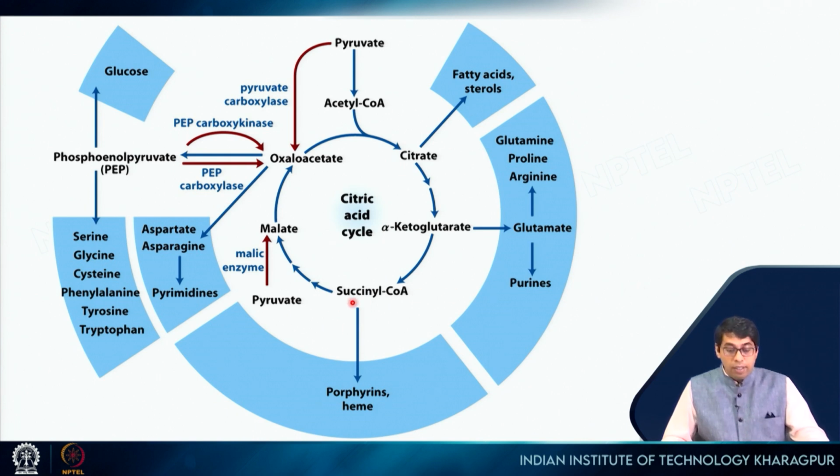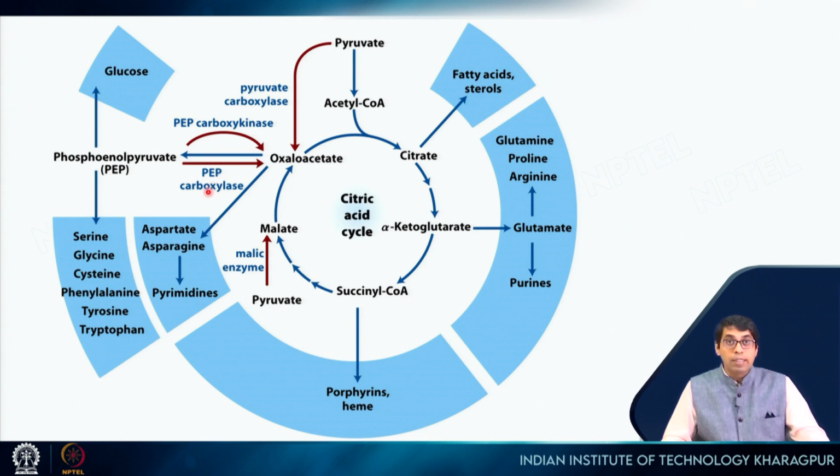Succinyl coenzyme A is used to produce porphyrins and heme. So, we have seen this heme, right. It was also present in hemoglobin. Oxaloacetate goes into the formation of aspartate, asparagine or pyrimidines. So, purine is here, pyrimidine is here, right. So, two more amino acids and also one of the building blocks of DNA and RNA.